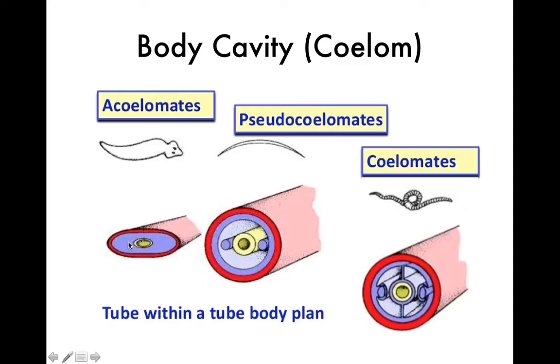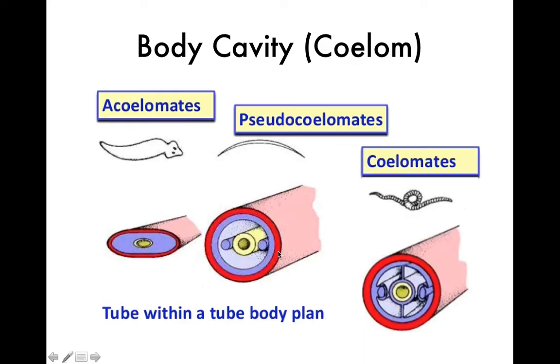And you can see with these colors, red representing cells derived from ectoderm, blue or purple representing cells derived from mesoderm, and yellow representing cells derived from endoderm. Okay, so in acoelomates, all three germ layers and the cells derived from those germ layers are mushed together in the adult.